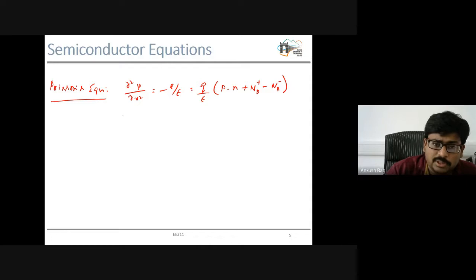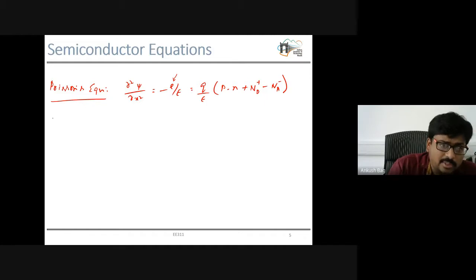What is the significance of this equation? This equation relates the potential or the electric field developed within the semiconductor with the charge. So this rho is the charge density, the amount of charge you will find in the semiconductor per unit volume. How this charge density is related with the potential or the electric field, you can calculate from this Poisson's equation.